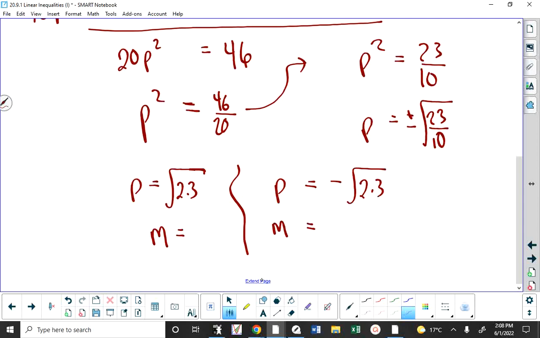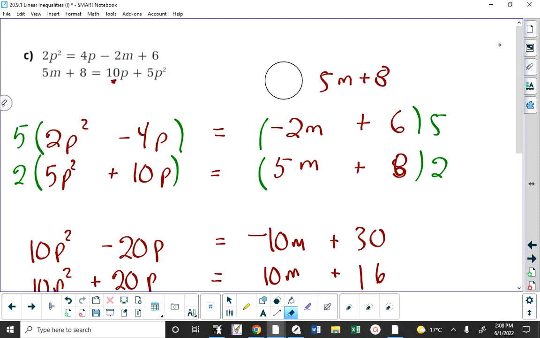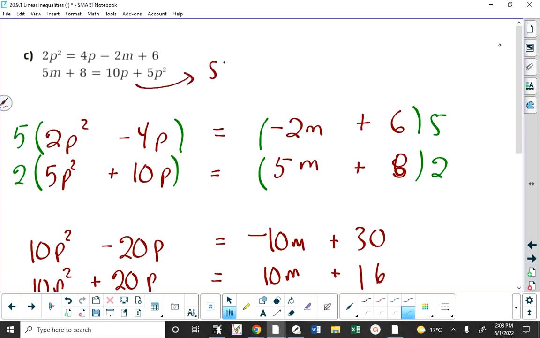To find m, we have to put that number into one of these equations. It doesn't really matter, but I would probably just move that 8 over in the bottom equation. So then I could take that square root of 2.3, square it, multiply by 5, plus 10 times it, and then minus 8, and then divide by 5.